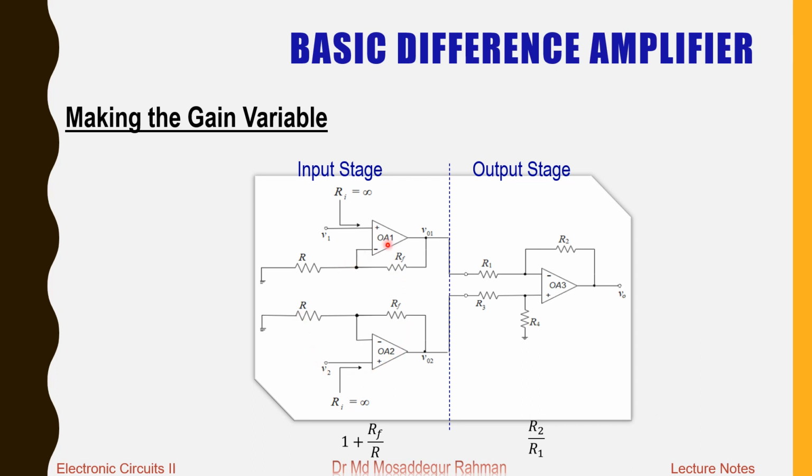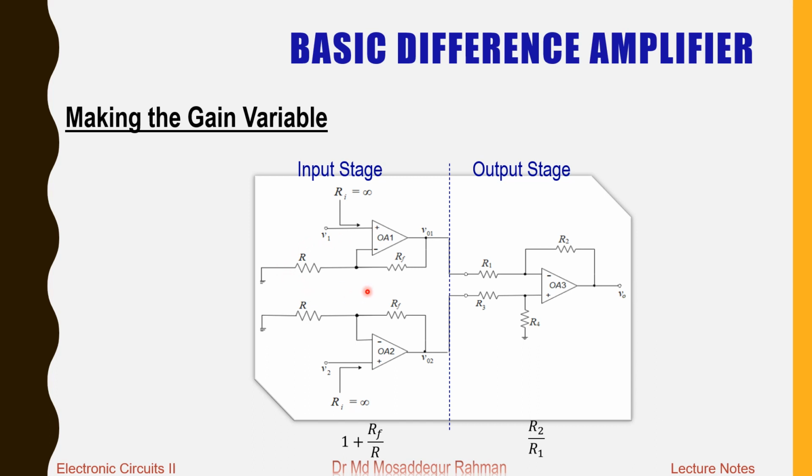These not only add gain to the basic difference amplifier, they also provide infinite input resistance, and that is how we overcome the two limitations of the basic difference amplifier, that is the low input resistance and the low gain.